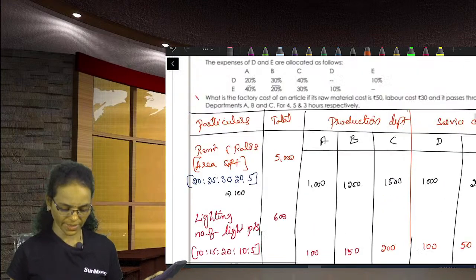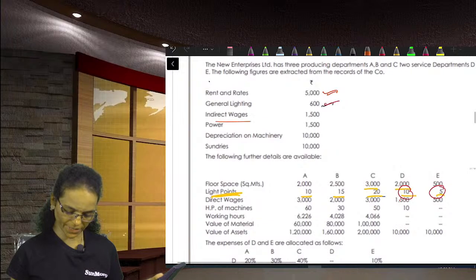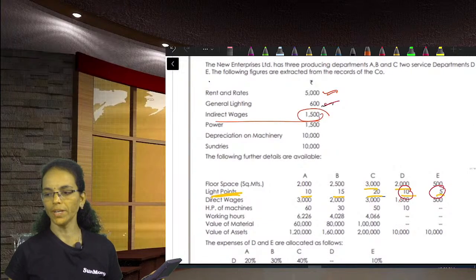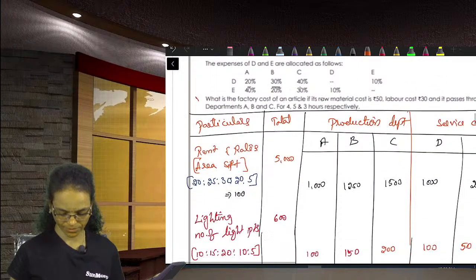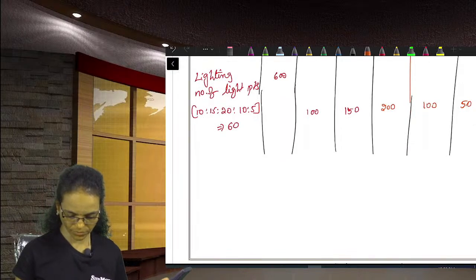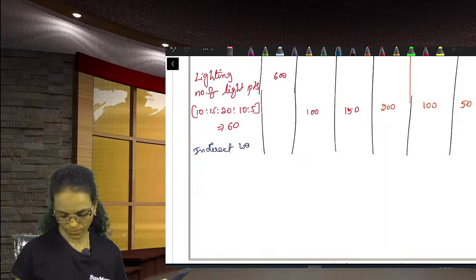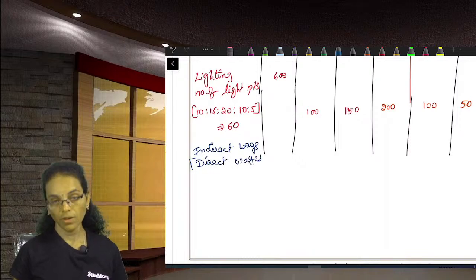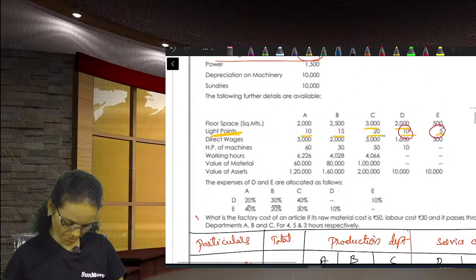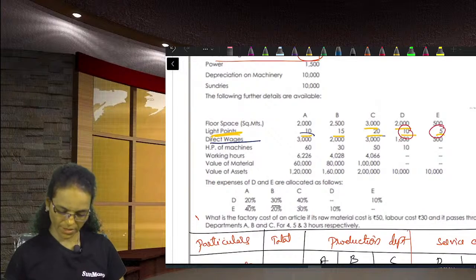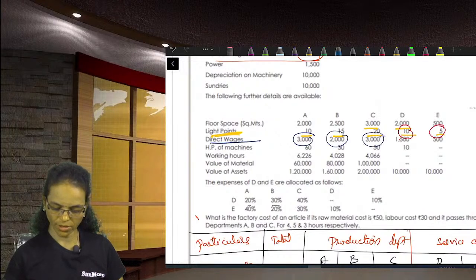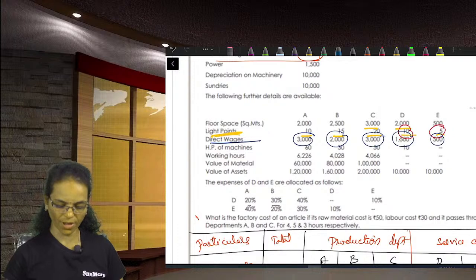So lighting is done. Next one, indirect wages, 1,500. It is on the basis of direct wages. Direct wages given: 3,000, 2,000, 3,000, 1,500 and 500.